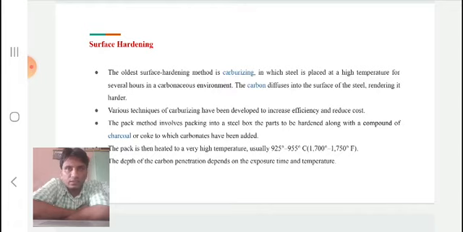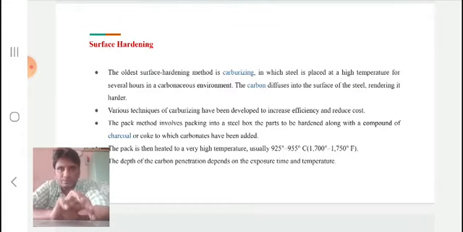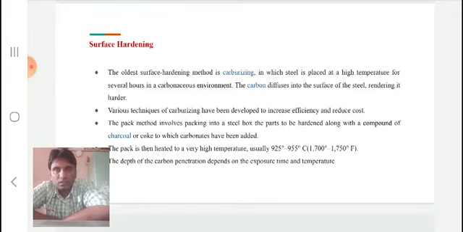Whatever carbon is present in the gas diffuses onto the surface of the steel component. And in this method all the difficulties faced in the pack method are overcome.